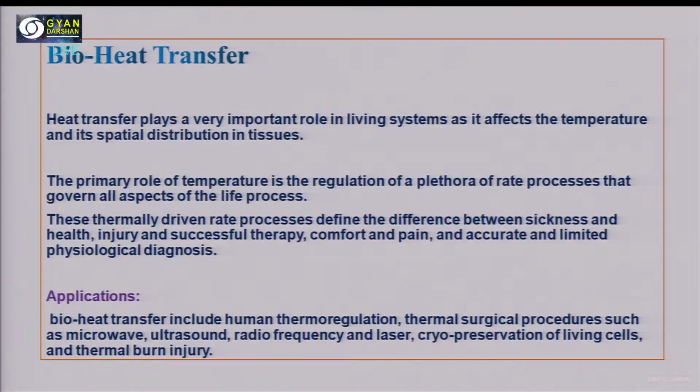Similarly, in the bioheat transfer process, we know that our human body has a certain temperature, and if it is at that temperature, it works fine. Otherwise, we have fever. It may go up to 100 or 101 degrees, and we say that the person has fallen sick, he has got fever.